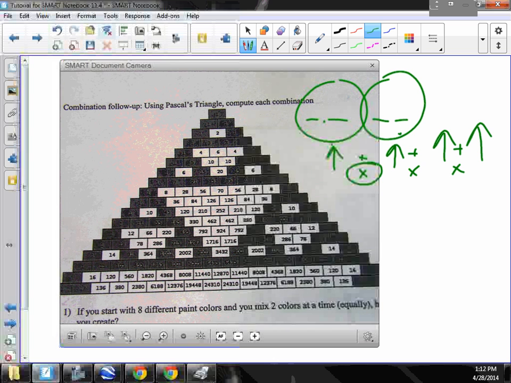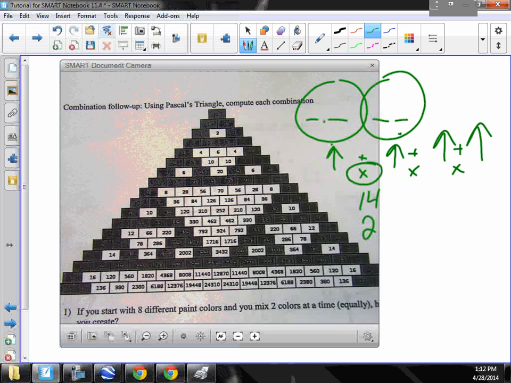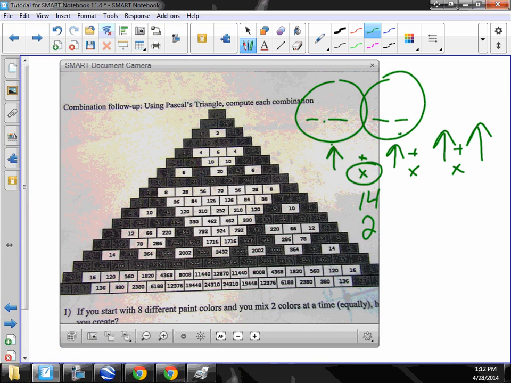So how many ways are there to pick the losers on night 1? 14 choose 2. So we go to row 14, and we count off 0, 1, 2, 91 ways. So 91 times, how many ways are there to pick the losers for night 2? 12 choose 2.